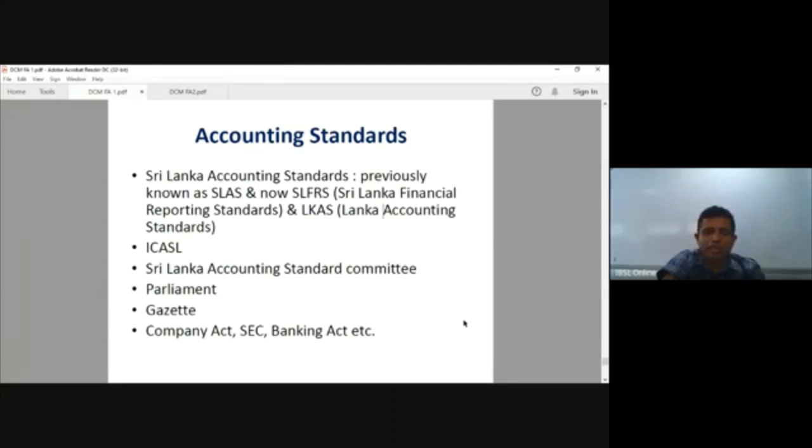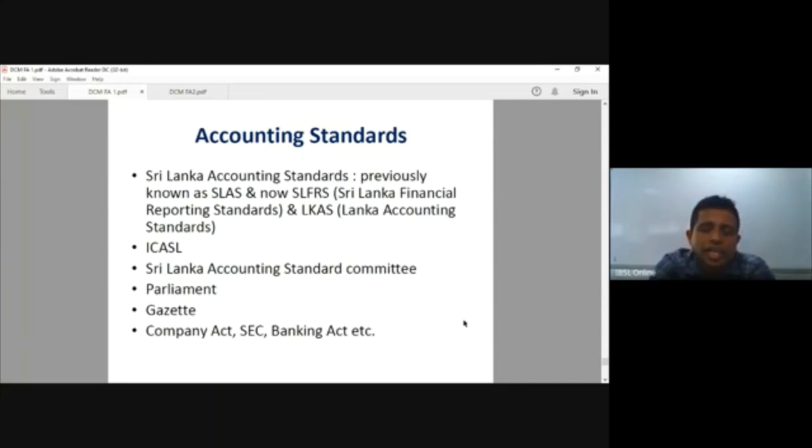But when it comes to accounting standards, nobody will be arguing because they don't have that much knowledge as far as accounting standards are concerned. It will get approved. Once parliament approval is there, it will get gazetted and become the law of the country. Every entity, when they prepare the financial statements, will have to follow these accounting standards, right?